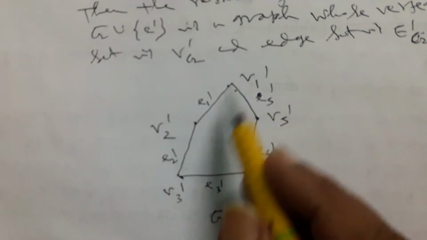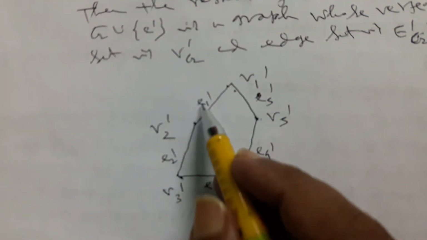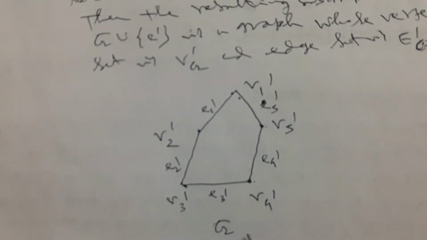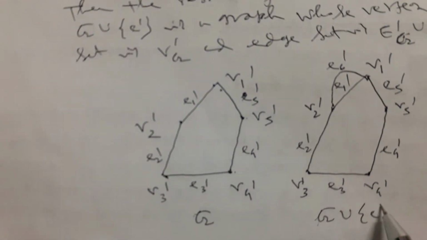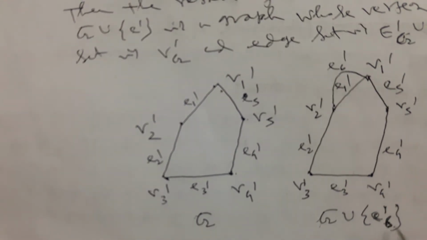If we consider this as a graph G and we add one more edge like E6 dash, then the new graph will be G union E6 dash. So in this way we can join the edges.